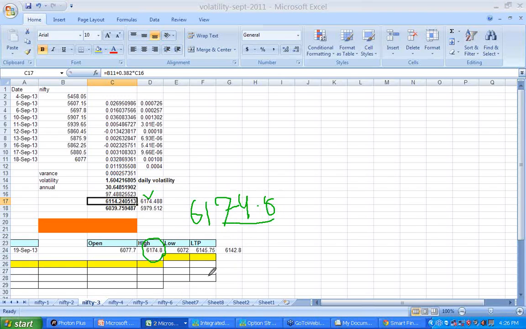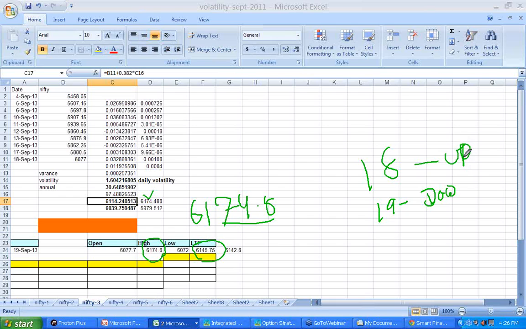The last traded price was 6145. I can say almost 100% you got in the upward direction on 18th September, and on 19th September you got the downside all.